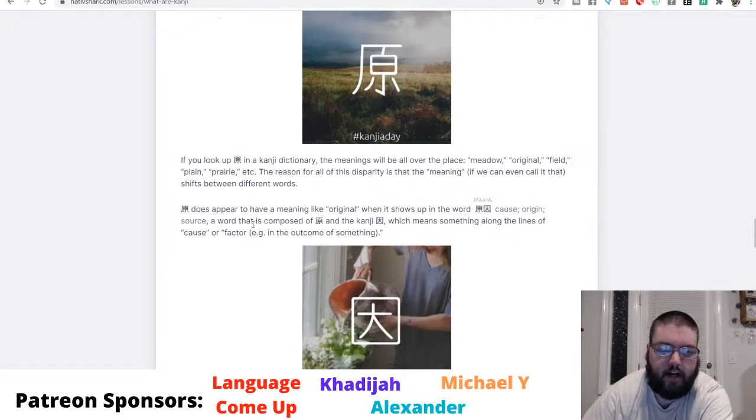The character does appear to have a meaning like original when it shows up in the word genin, cause, origin, source, a word that is composed of the kanji which means something along the lines of cause or factor.